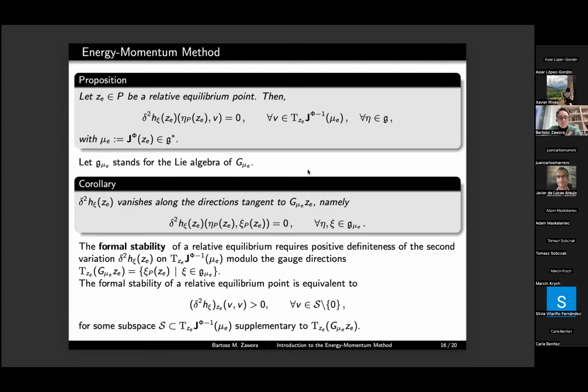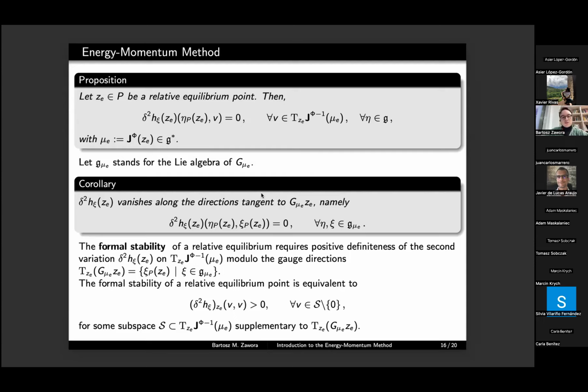We want to examine what happens with this bilinear form in directions that are tangent to the orbit of z_e generated by G_mu_e, the isotropy group at mu_e.